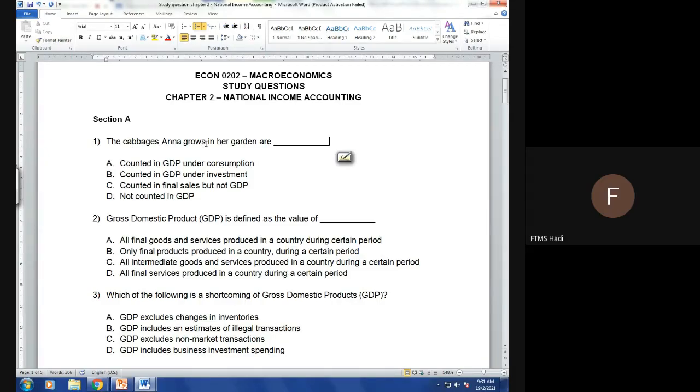Grows means not ready yet, belum lagi in Malay. They are not already made. Therefore, consumption is not the answer, investment is not, finances but not GDP is not. The answer is this one, not counted in GDP. Okay, so that is the first answer.